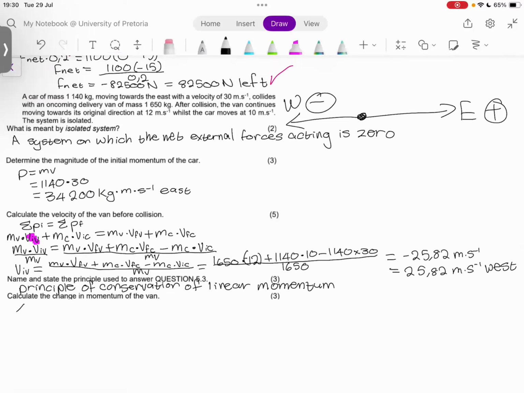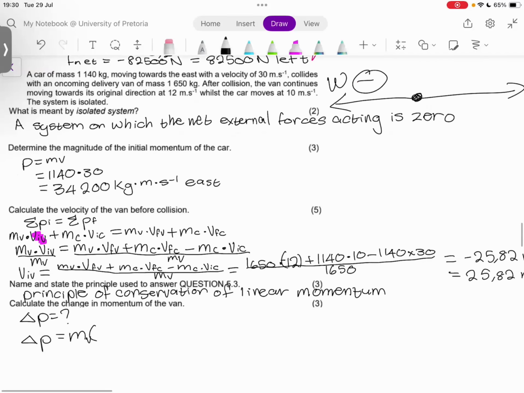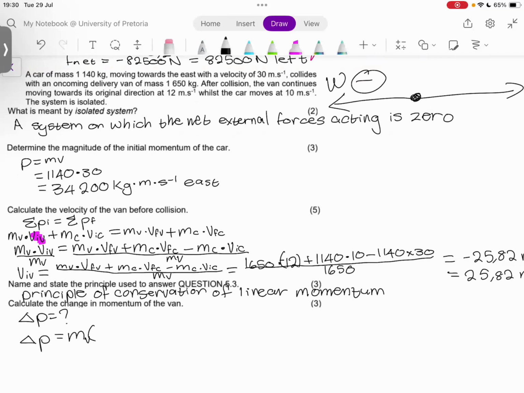So we want delta P. We have delta P equals the mass of the van, just going to specify V, and in brackets, it's going to be VF minus VI.